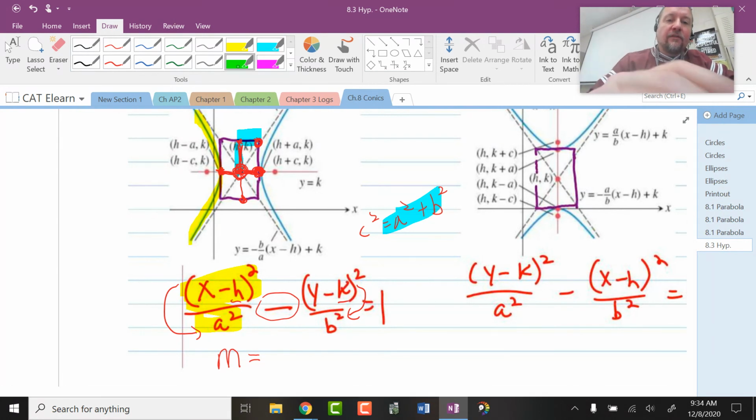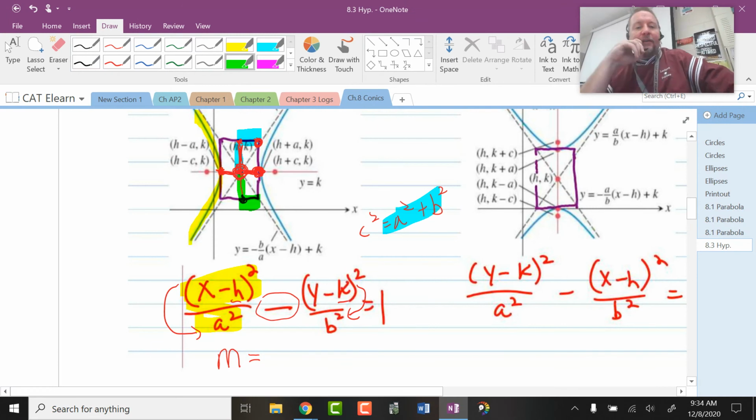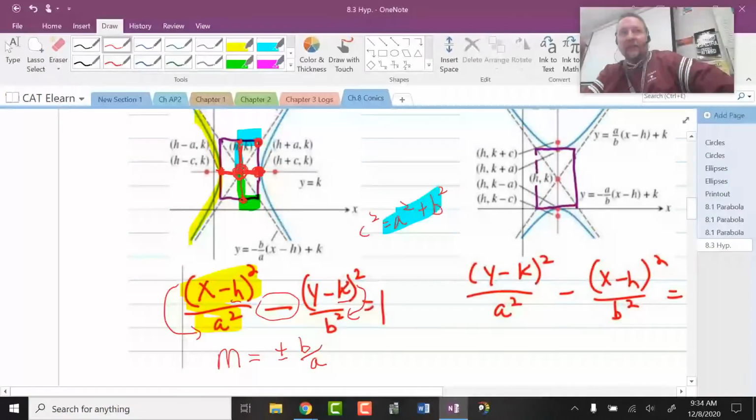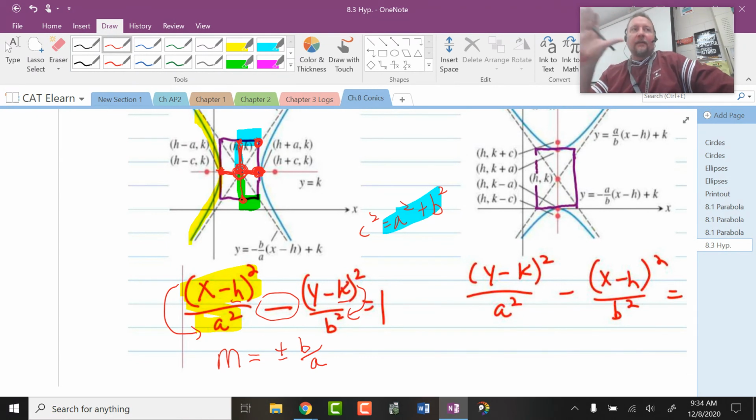And then notice this other slope that I'll do in green is a fall of the y-axis radius and a run of the x-axis radius. So the slope of both of these happens to be plus or minus b, the y-axis radius, over a, the x-axis radius. And I don't want you to make a big deal out of b and a.